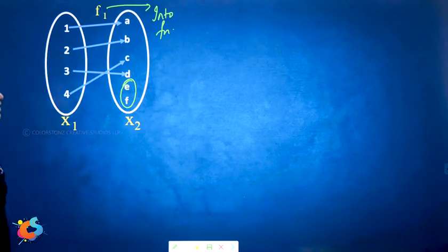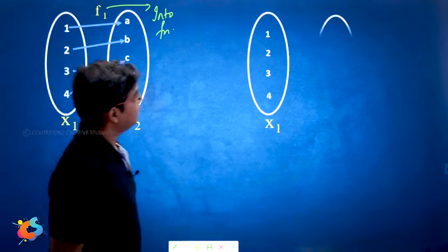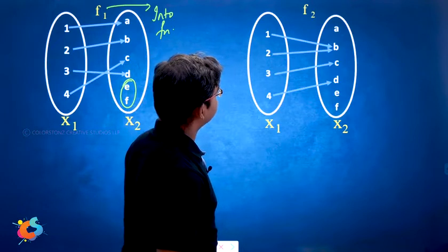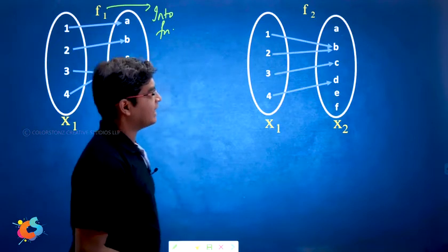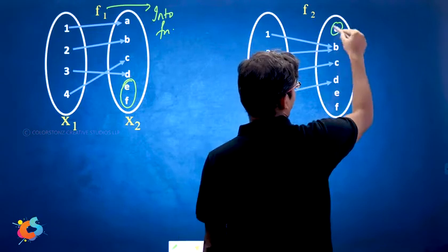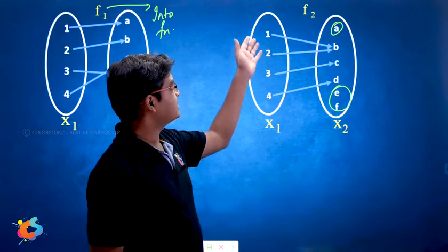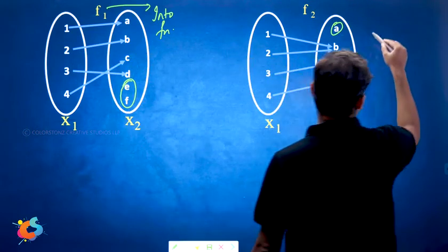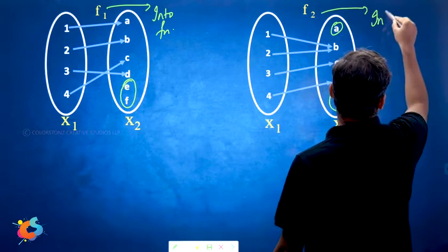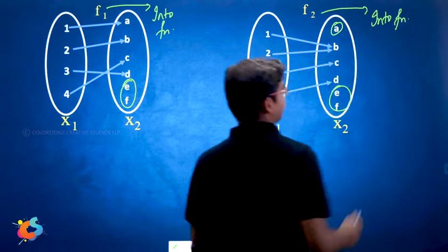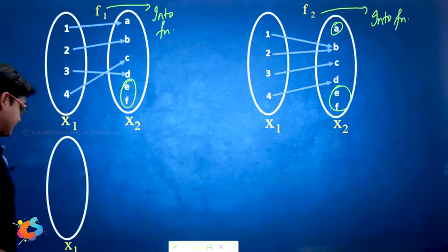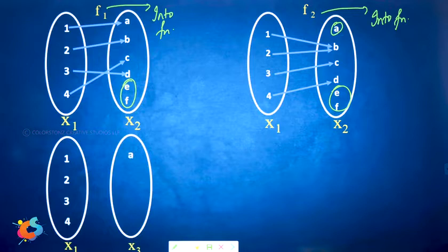Next, let us take another function and say the mapping is like this. Again, we can see some elements of the codomain are not mapped to any elements in the domain. So therefore, this is again an into function. Okay. Next, we have two sets here, and under the function, the mapping is like this.